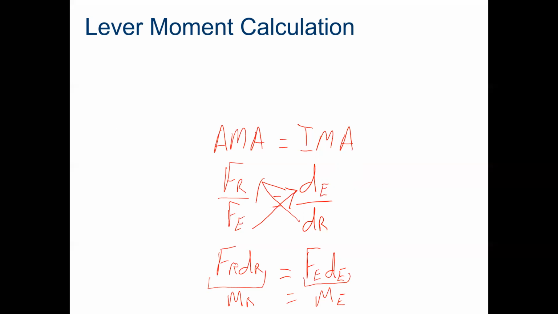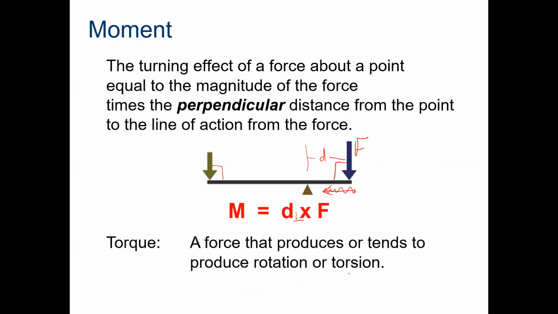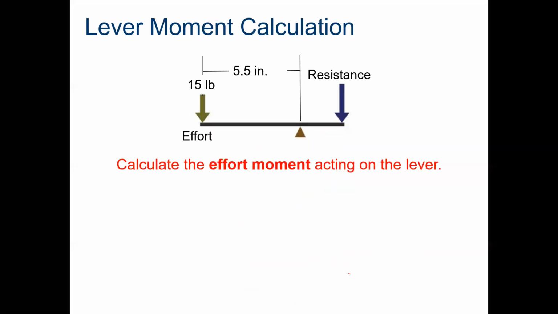Okay, so I'm going to go back. I'm skipping over some stuff. The twisting force that produces rotation caused by a moment is called torque. So we'll just throw that in there. And if you look at the example here, we need the effort moment acting on a lever.